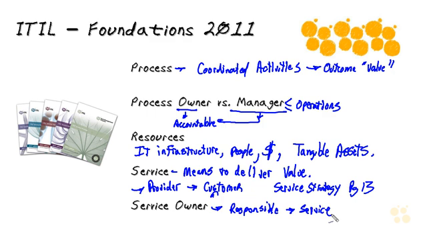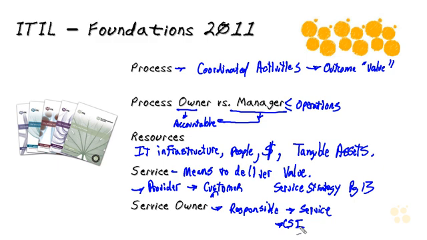They are also responsible for not only delivering the service, but for CSI, and no, not the television show. That is continual service improvement. Whoever owns the service should take ownership of it and say, I want to make sure that it gets better and better and better. And so when they ask you in the exam room, who is in charge of continual service improvement for a particular service, we would say the service owner.